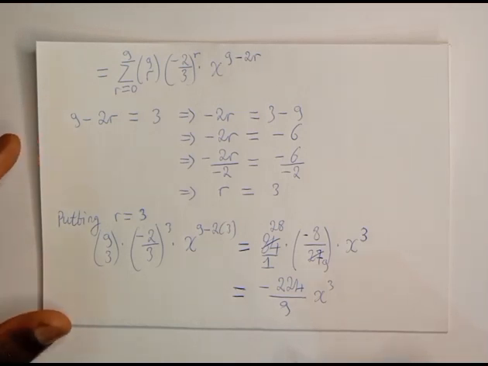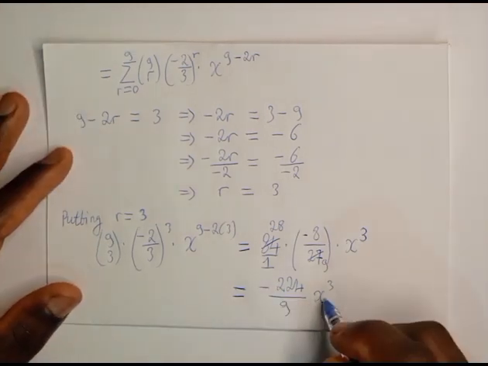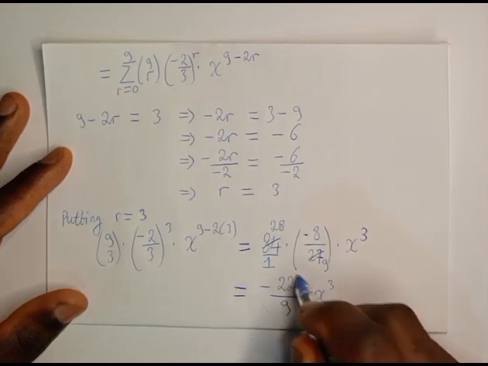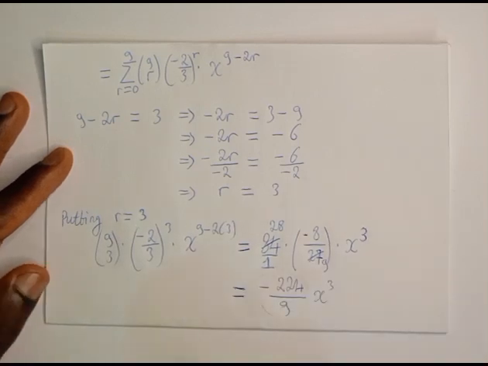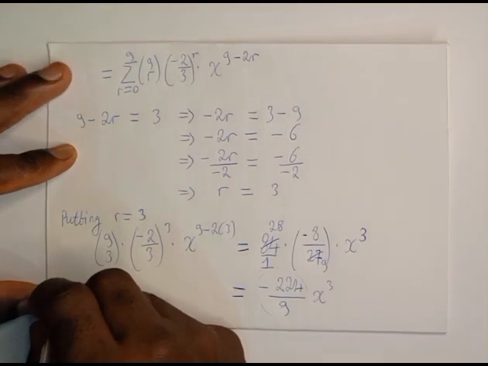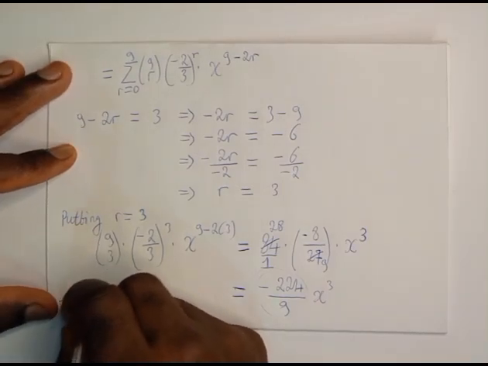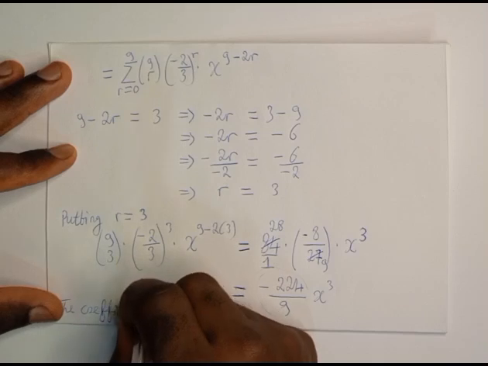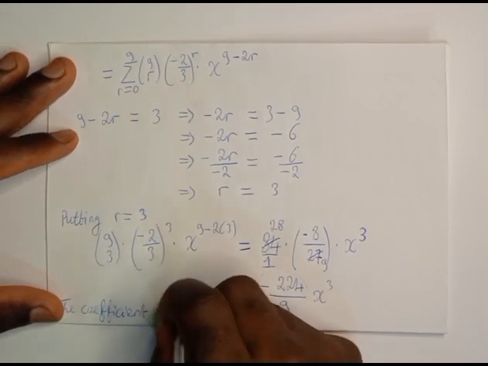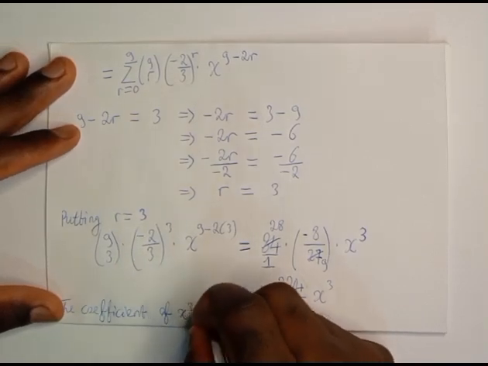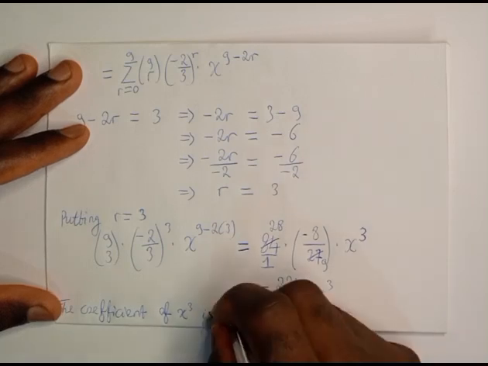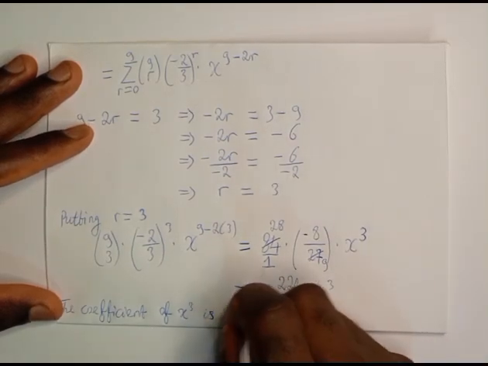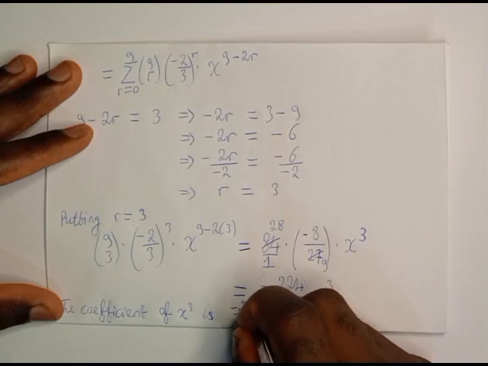The coefficient of the term in x cubed is simply that number we find in front of x cubed. It is this number. The coefficient of x cubed is negative 224 all over 9.